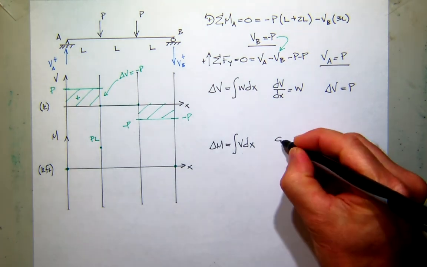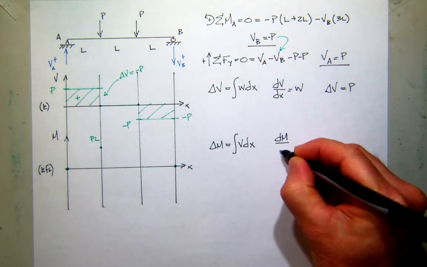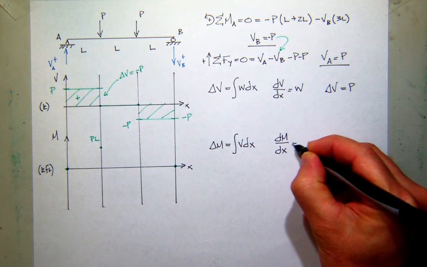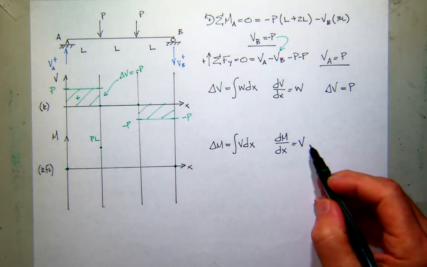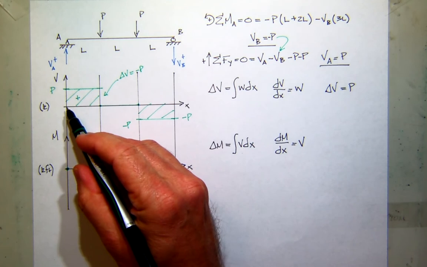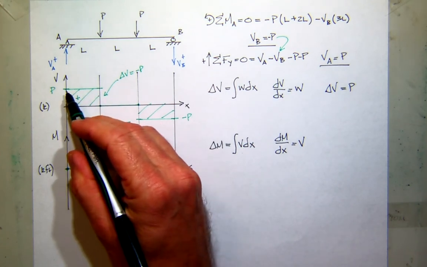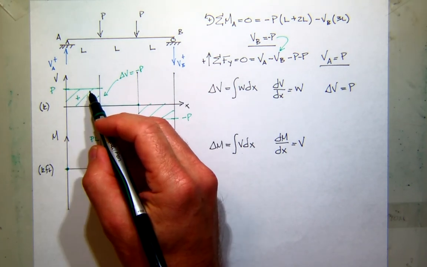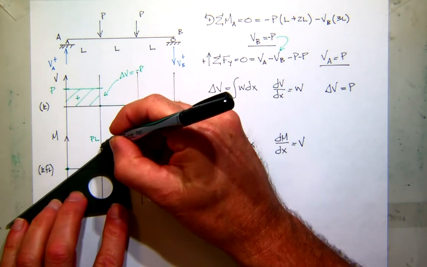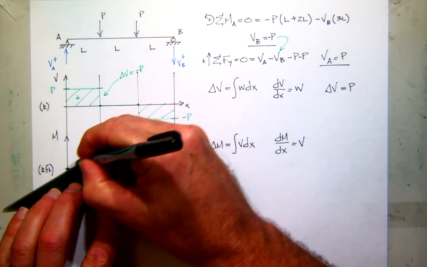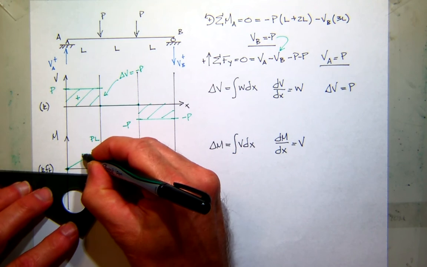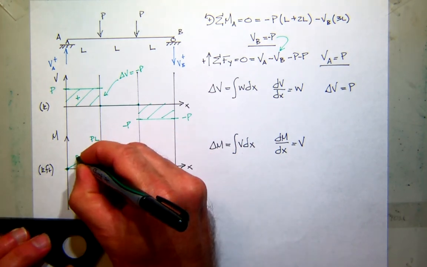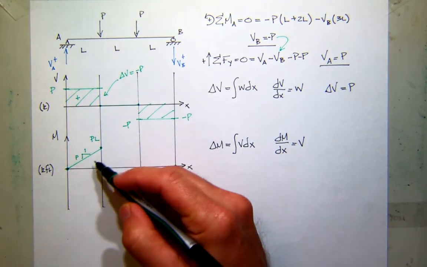The slope of the moment diagram, which we know is given by the value of the shear. What is the value of the shear everywhere between 0 and L? It's constant. Constant value for slope is a straight line like this. In fact, if you actually looked at it, you would see that the slope is P. Why is it P?